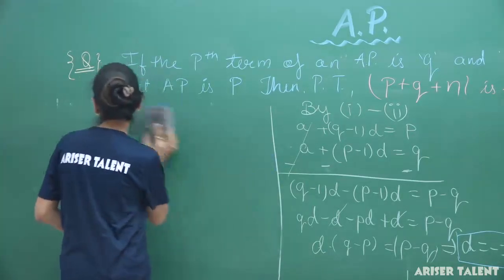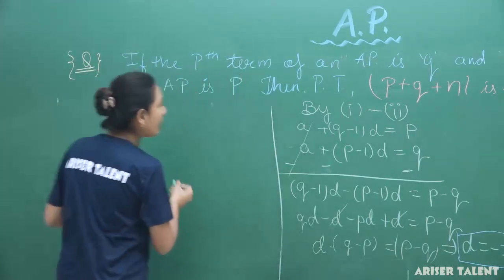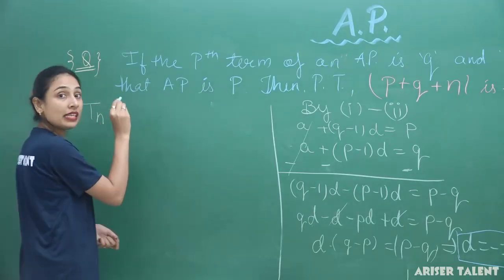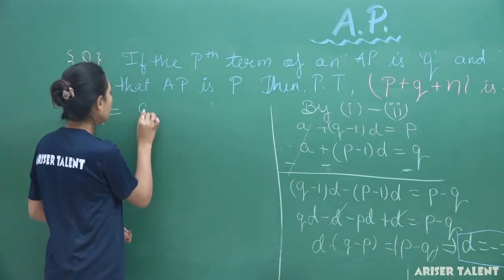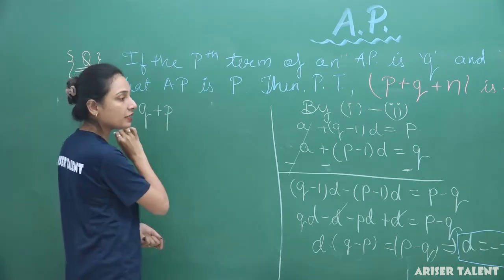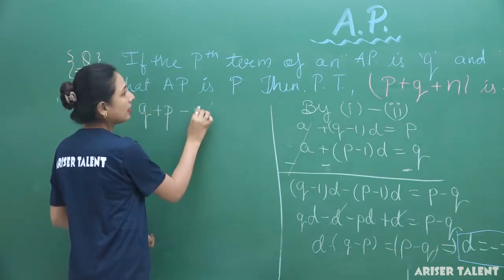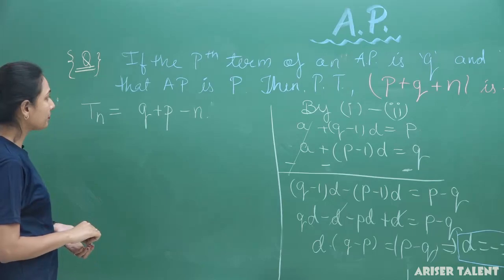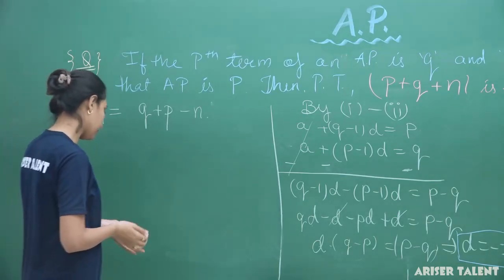So here I am getting Tn, the nth term, equals Q plus P minus N. Minus N it is.